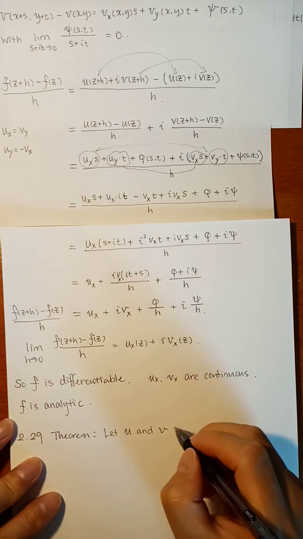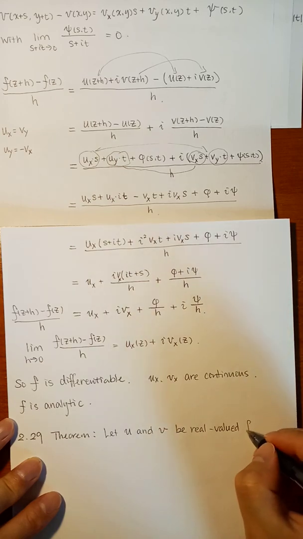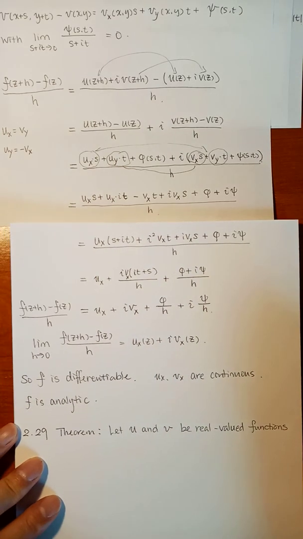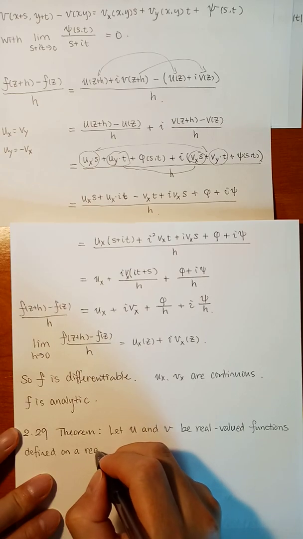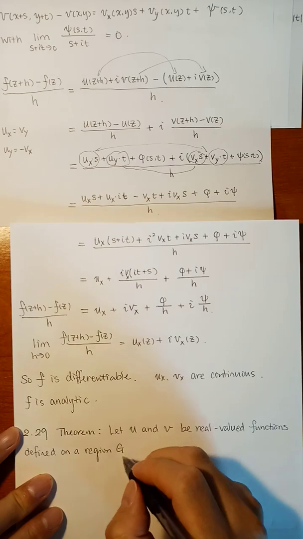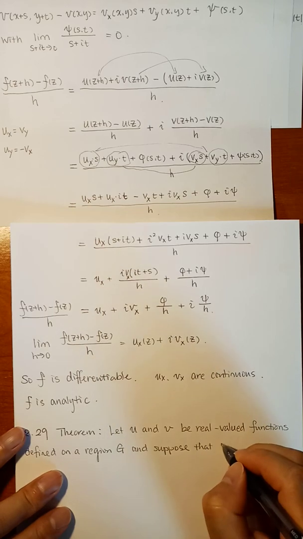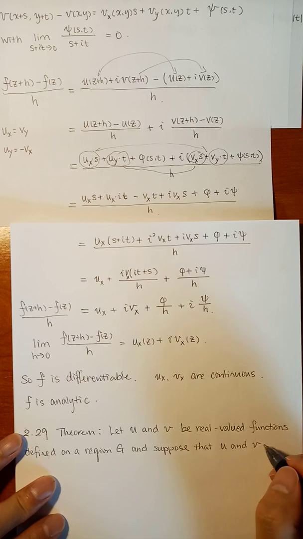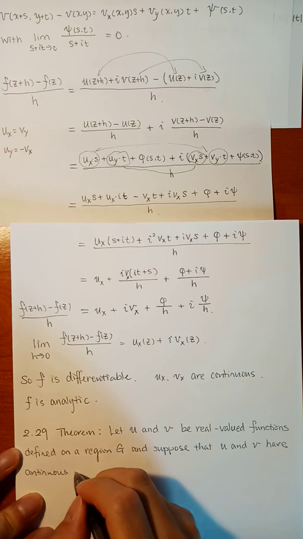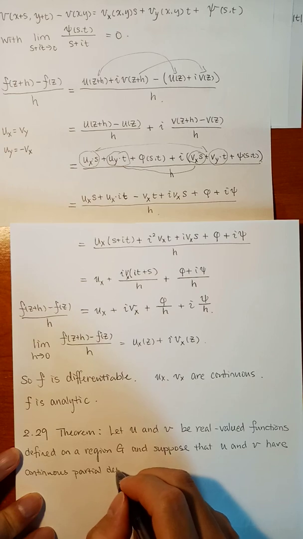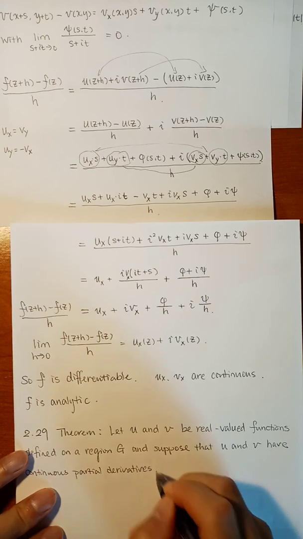Let u and v be real valued functions defined on a region G, and suppose that u and v have continuous partial derivatives.